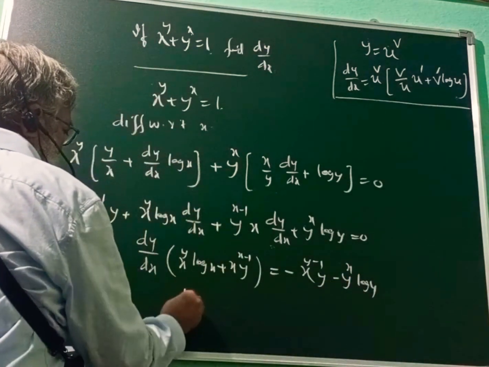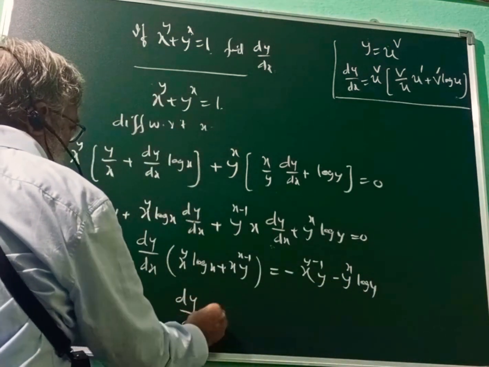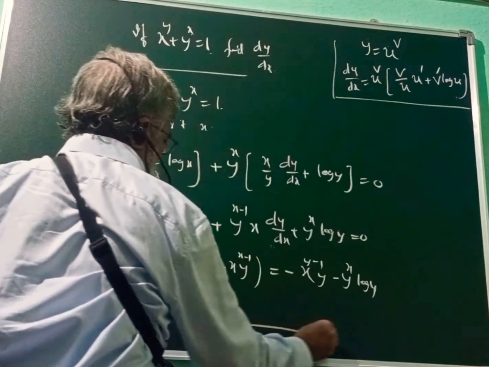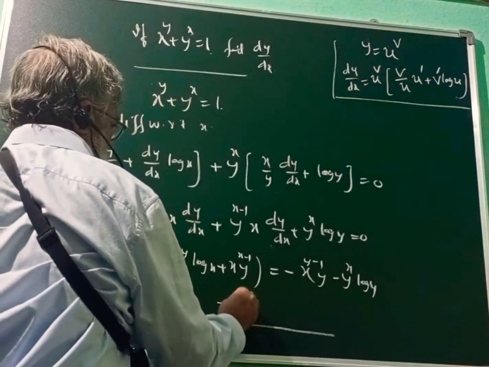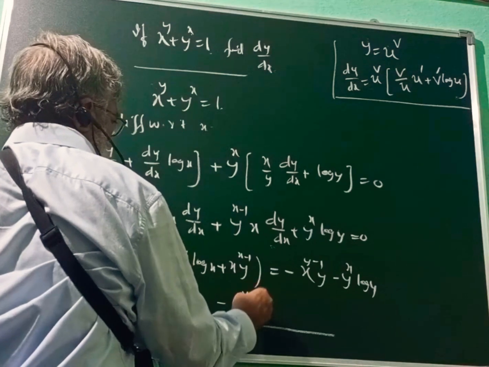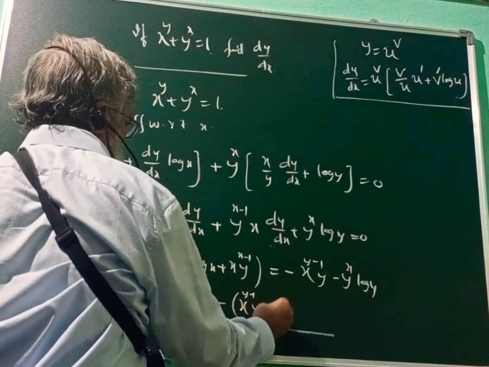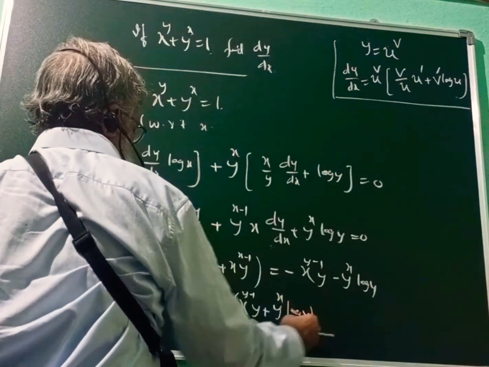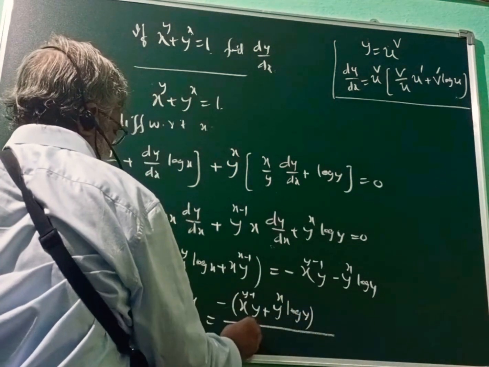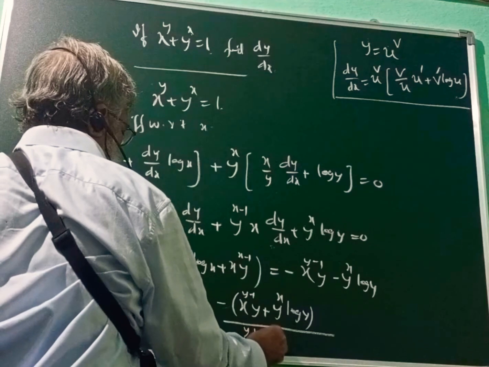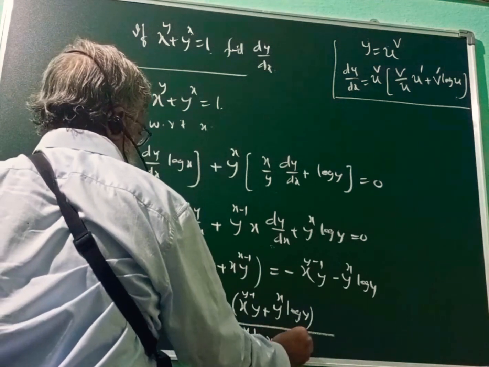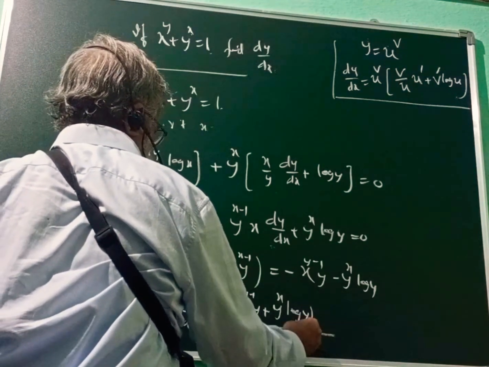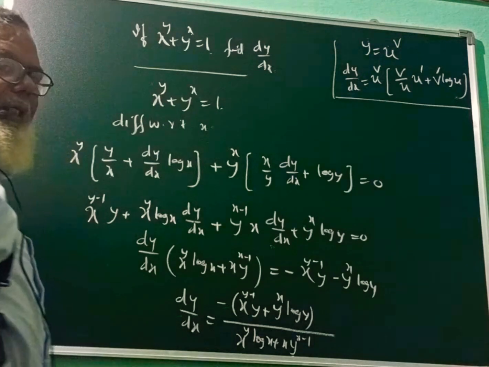Therefore, we write down our answer as dy by dx is equal to minus, you can take common, (x raised to y minus 1 into y plus y raised to x into log y) divided by (x raised to y into log x plus x into y raised to x minus 1). That is the value of dy by dx.